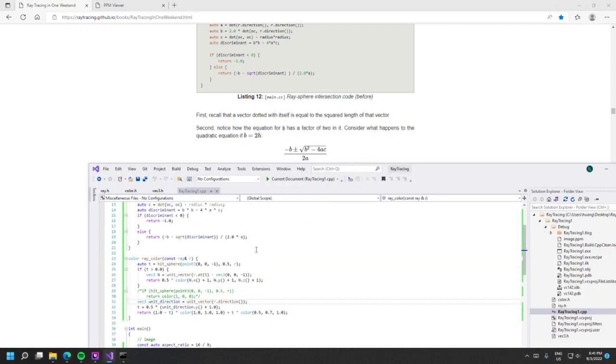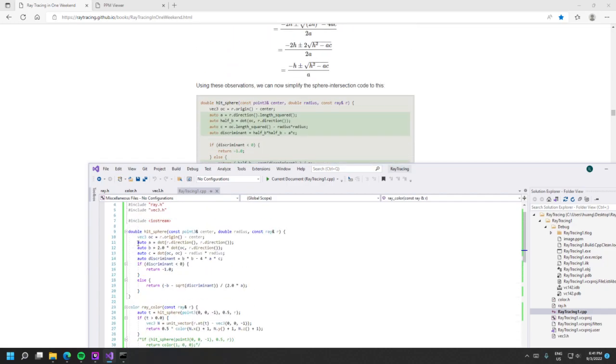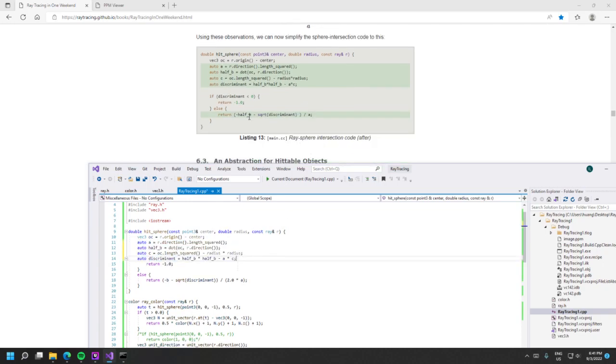But yeah, they want to do it, so let's just change this part. Maybe it's more readable. I just don't feel like in terms of calculation it's such an improvement. So you're replacing this by half b, and you're replacing this by a, because you factor out the 2. But I don't know why you need to factor out the 2.